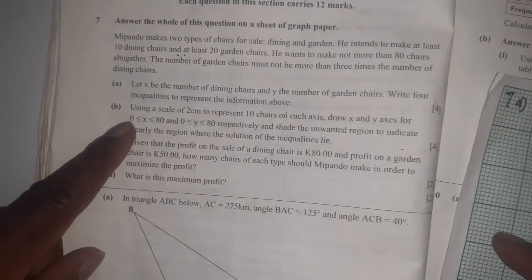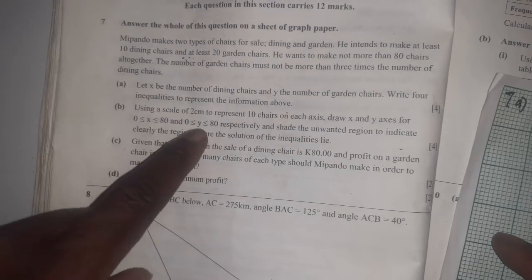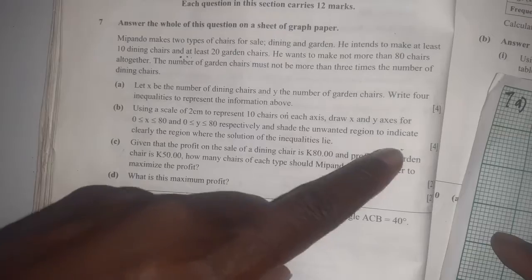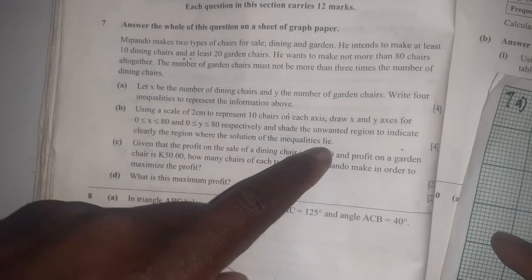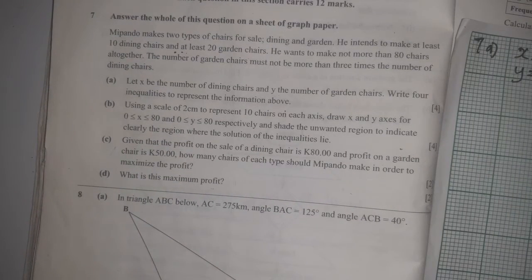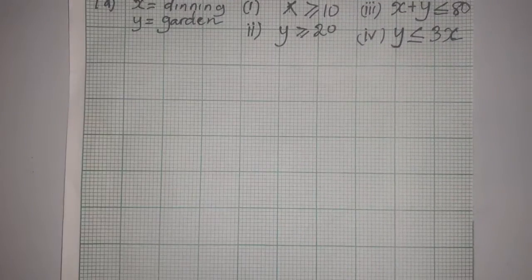For the X axis, it's from 0 up to 80. Also for the Y axis, it's from 0 up to 80 respectively. And shade the unwanted region to indicate clearly the region where the solutions of the inequalities lie. This is something that we have presented in the previous lessons.